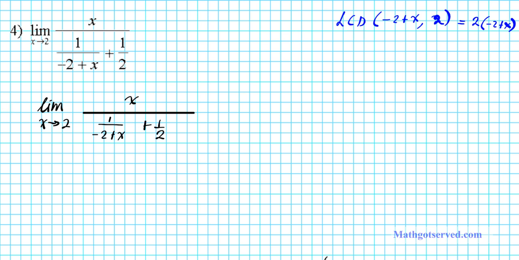Let me just introduce one more step. I'm multiplying the denominator by the LCD, which is 2 times negative 2 plus x. And I also have to multiply the numerator by the same value so I don't change the problem.